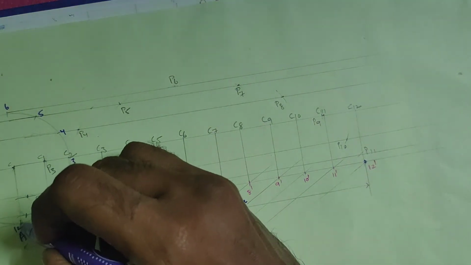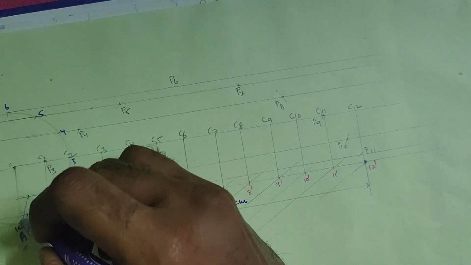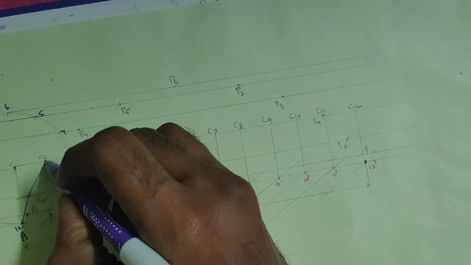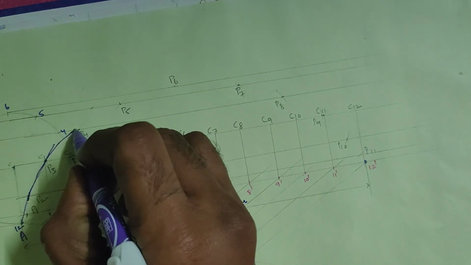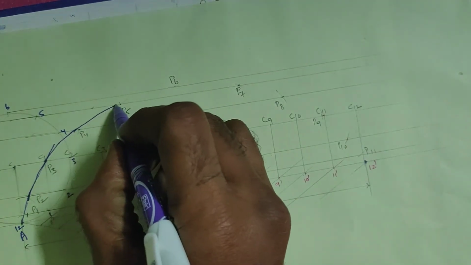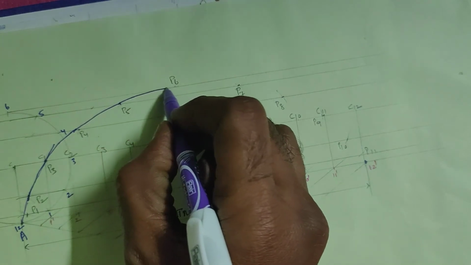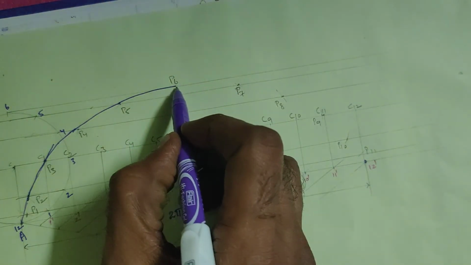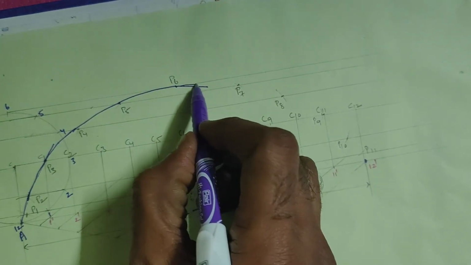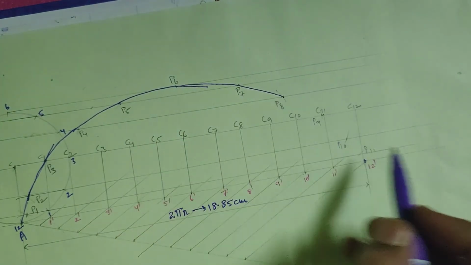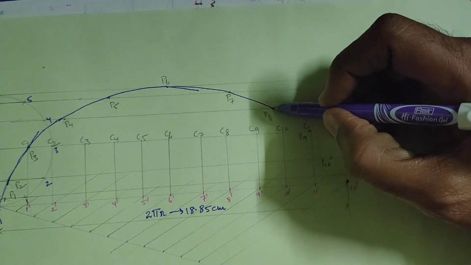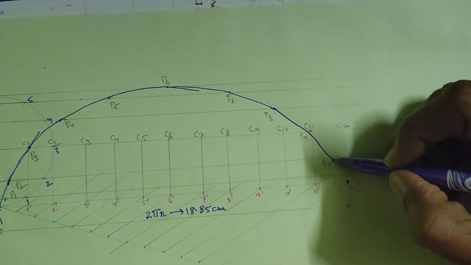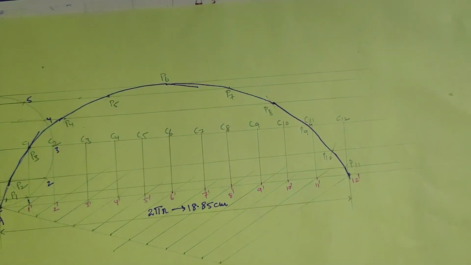We have to join with a smooth curve. P7, P8, so this is the smooth curve.